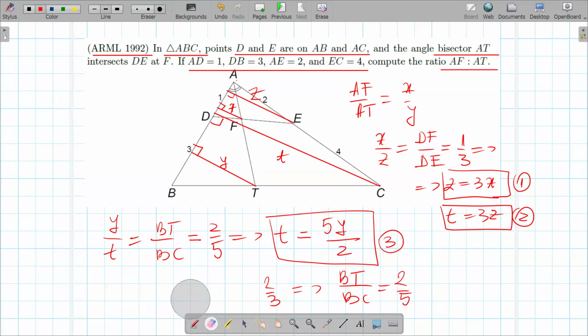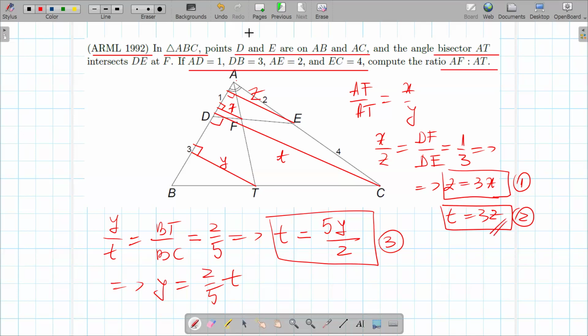So to me, this problem is actually quite interesting because look at what's happening here. Actually we have Y in terms of T, right? So for example, here we said Y is equal to 2 over 5 T. Then we have T in terms of Z, no? So this means that Y is equal to 2 over 5 times 3Z.